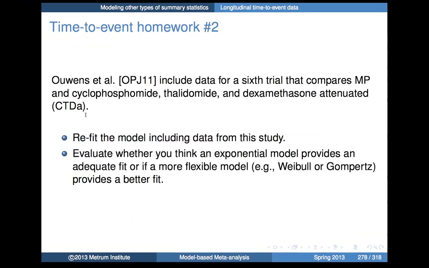But we have to recognize that there are assumptions underlying this approach, and I've kind of glossed over some of them. In particular, they relate to how do you calculate the number of events in those intervals, and how do you calculate the number of patients at risk in an interval. Now, if you know the number of patients at risk in an interval, and you know the survival curve, you can actually back calculate the number of patients having an event in an interval.